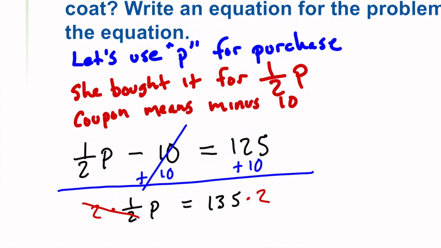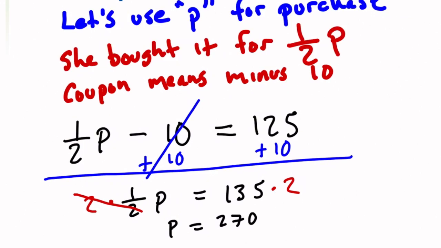We have 1P, but the 1 doesn't matter because it's positive, so we just bring down the P by itself. And then 135 times 2 is equal to 270. That's the answer. That's all you had to do for this problem. So 270 is the price of the item that she bought.